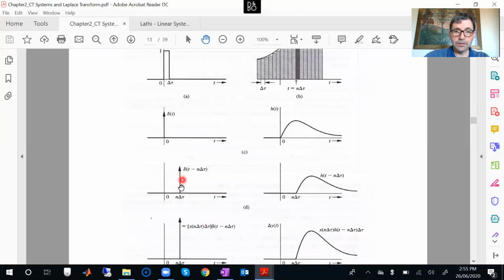Let's now scale this by the value of x at that point. So this has been scaled up, and this also gets scaled.